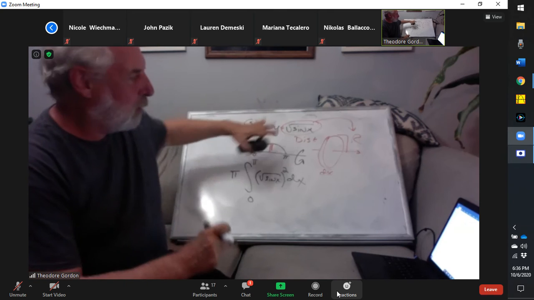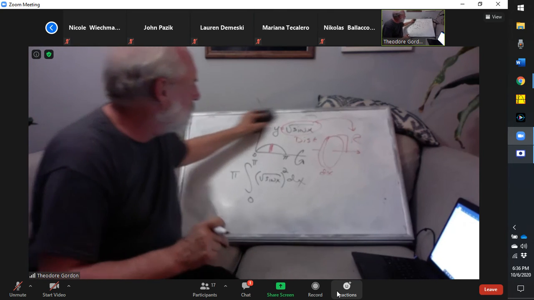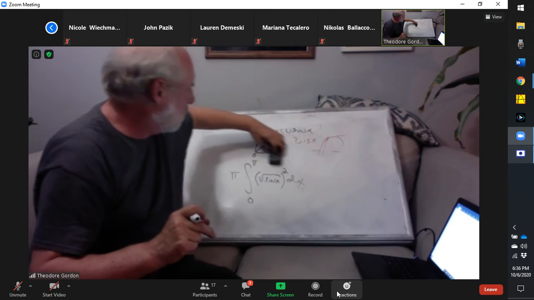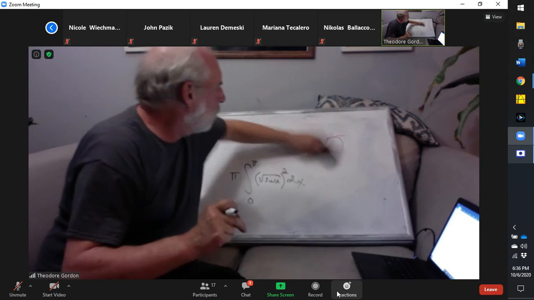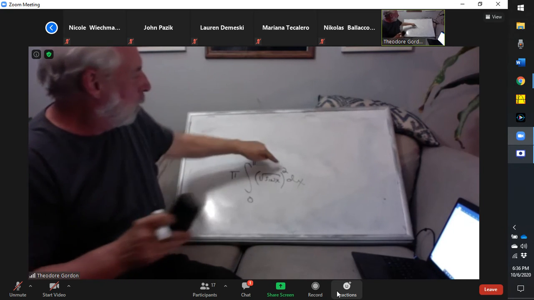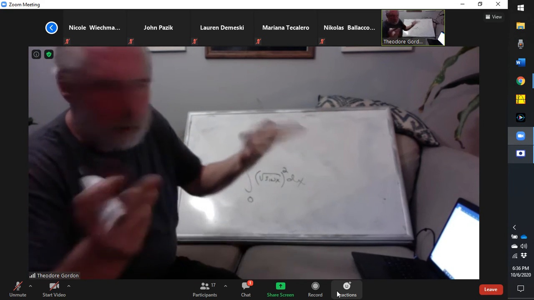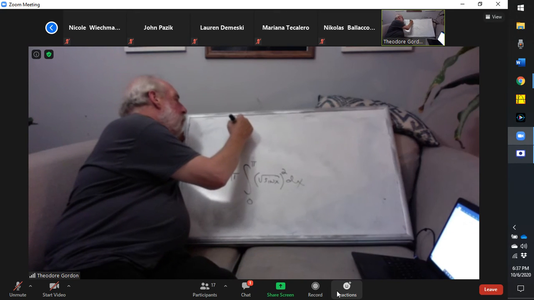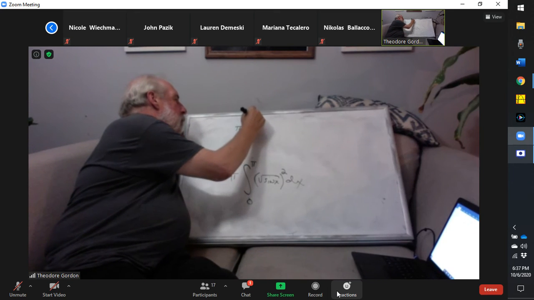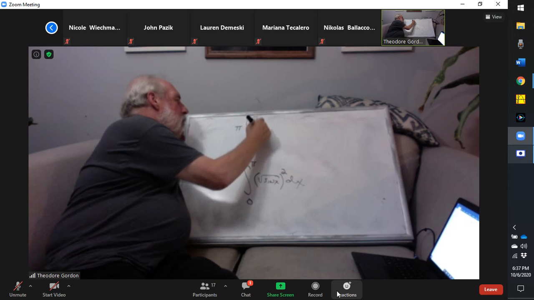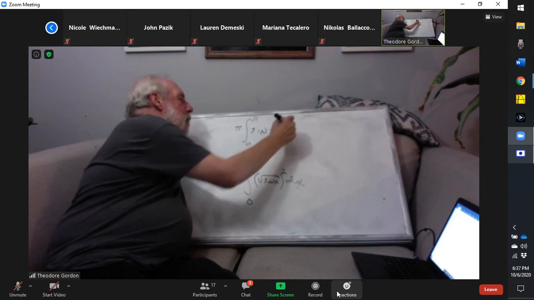So I'm going to erase this part because I need some room. Well, you square a square root, it just kind of like goes away. And so our integral becomes 0 to pi sine of x dx.